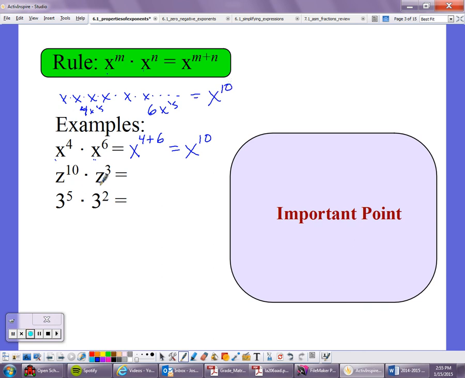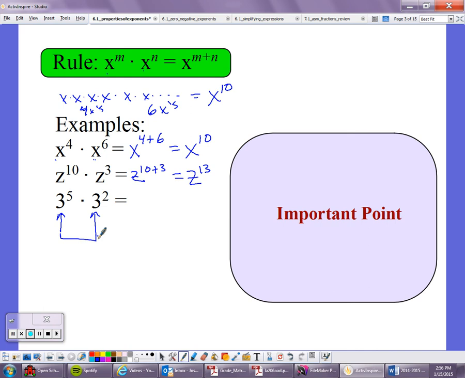Z to the 10th times Z to the third power is going to be Z to the 10 plus 3 power. 10 plus 3 is 13, so Z to the 10th times Z to the third is going to be Z to the 13th. And again, it doesn't matter if we're using variables or numbers as long as they're the same one, as long as we've got the same base there, 3 and 3.